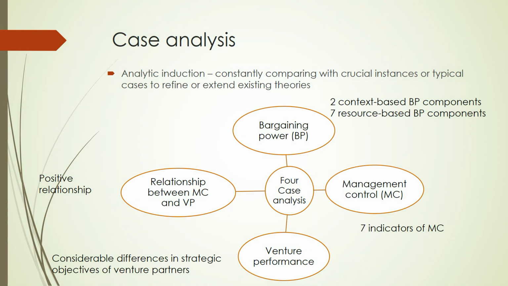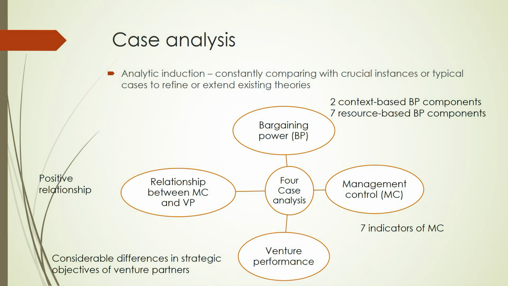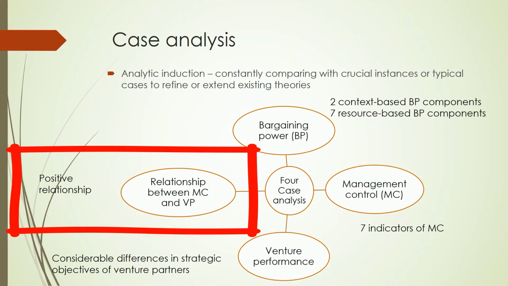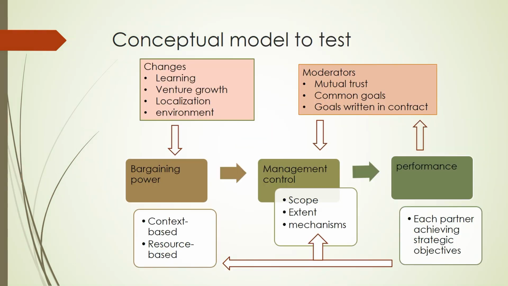The strategic objectives of venture partners in relation to venture performance considerably differed, and there was a positive relationship between management control and venture performance. Then they used the a priori model, and with the evidence they had collected, they revised the model.